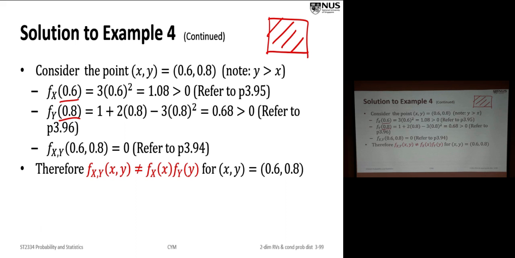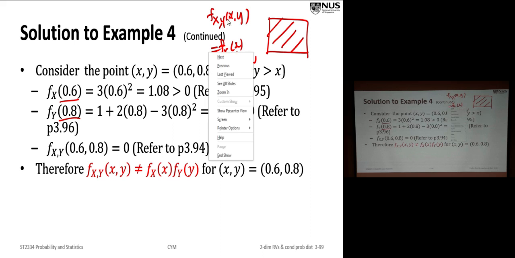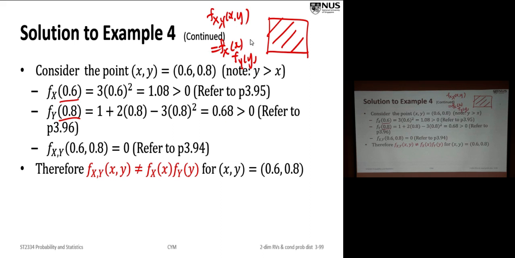We still have to check for all the points here whether the product of f of x and f of y is equal to the joint PDF, over the region here. All right?